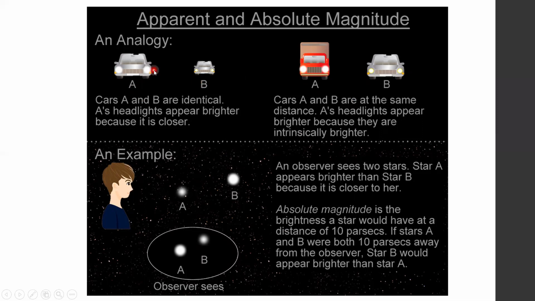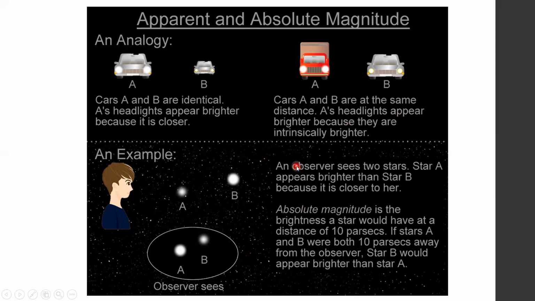The reason car A appears brighter is because it's closer to us, while car B is farther back in the distance. On the other hand, over here we have car A, this time as a red truck, and car B is still the same silver car from before. It says they're at the same distance, but car A's headlights appear brighter, and that's because this truck model uses a brighter pair of headlights than the silver car.